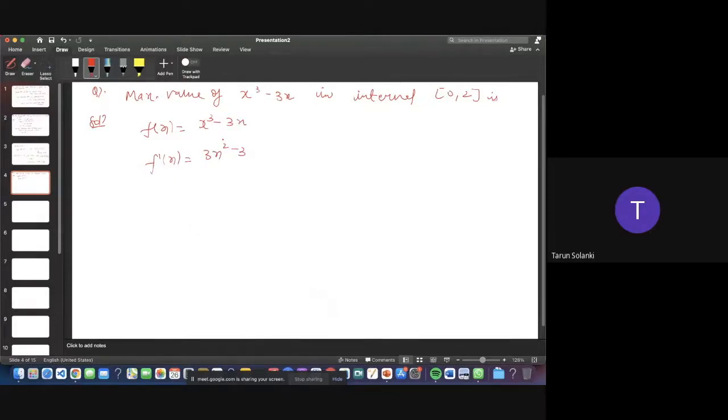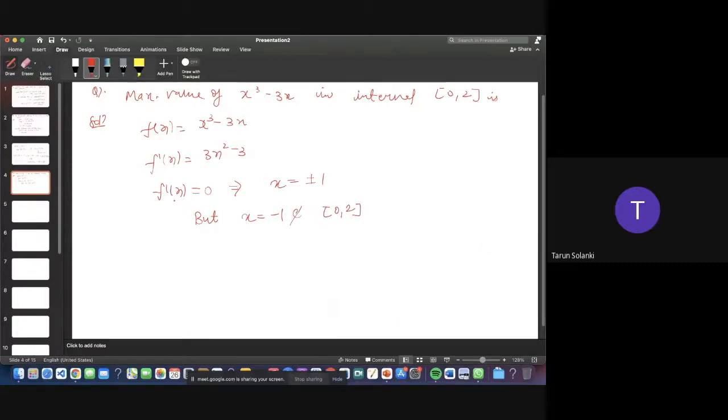So for maximum or minimum, f dash x is equal to 0. Which is x equals plus minus 1. But x equals minus 1 does not belong to 0 to 2.